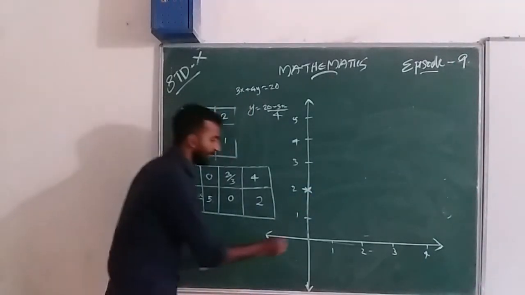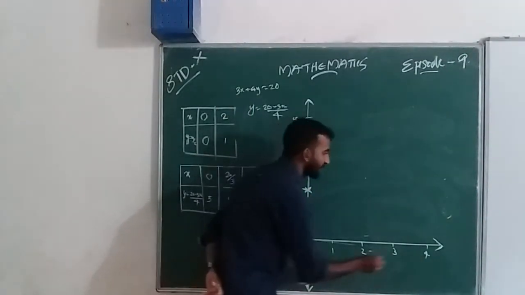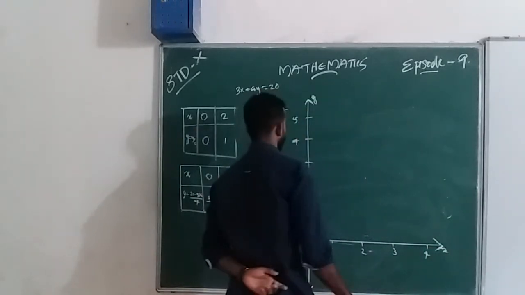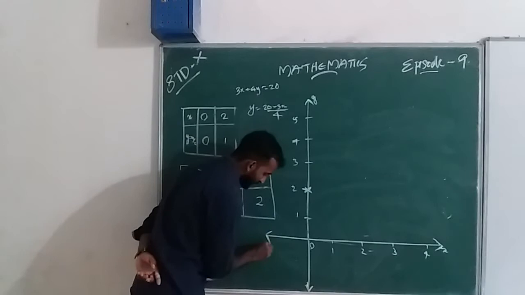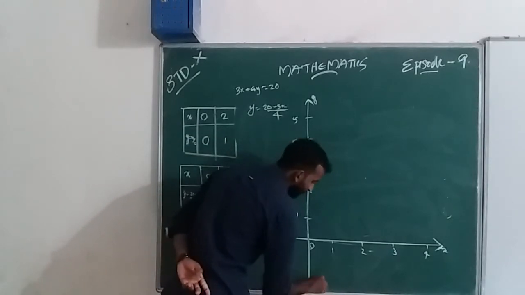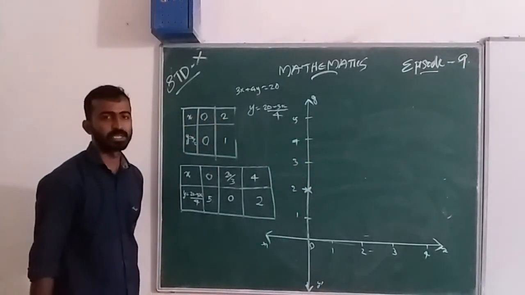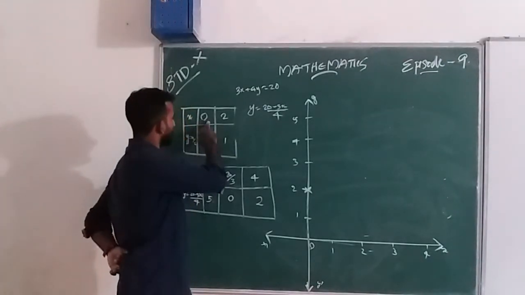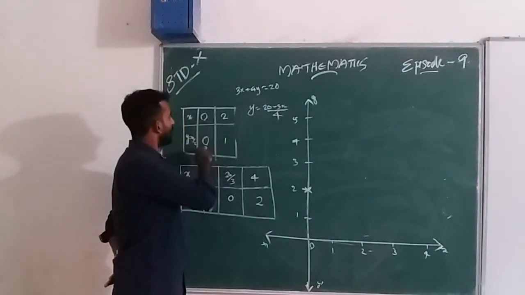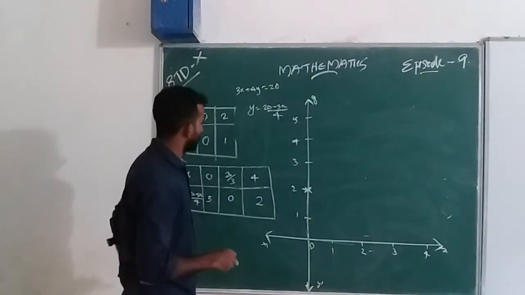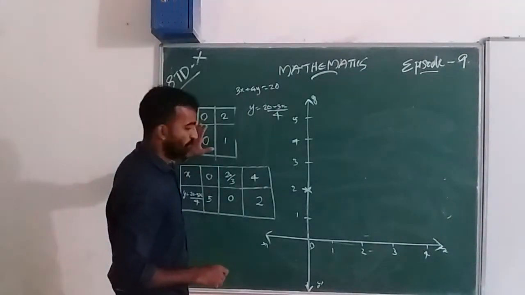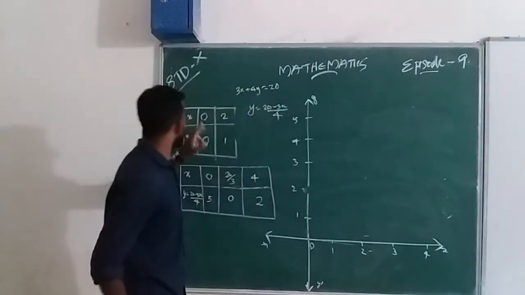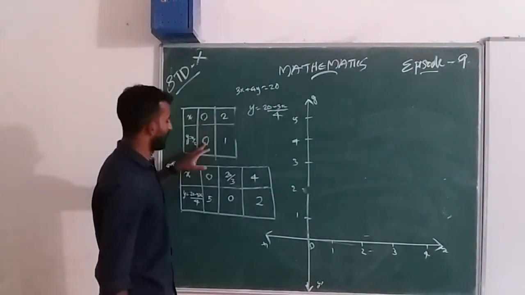Here is 0, the x axis, the y axis, x dash, y dash. The first point is 0, 0. When we take 0, we get 0.